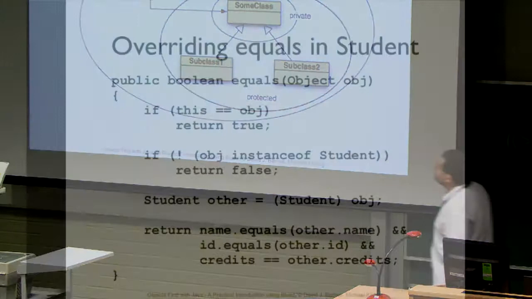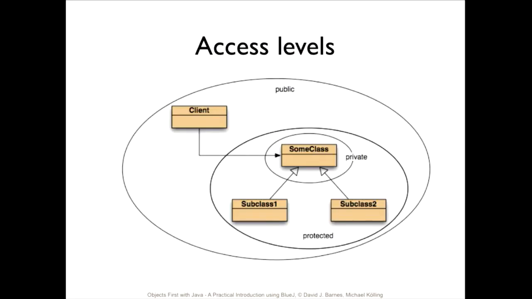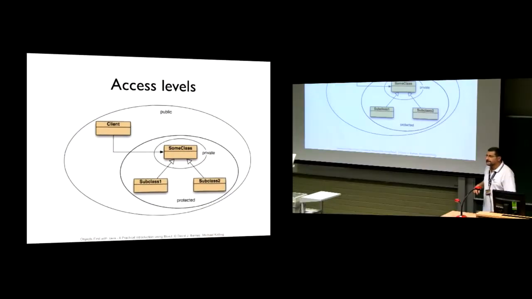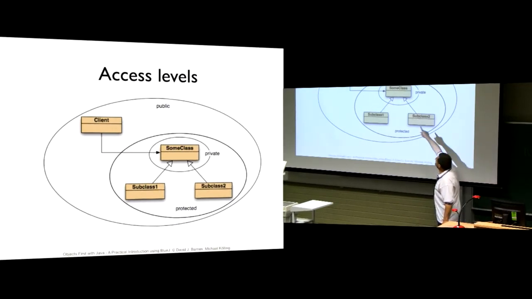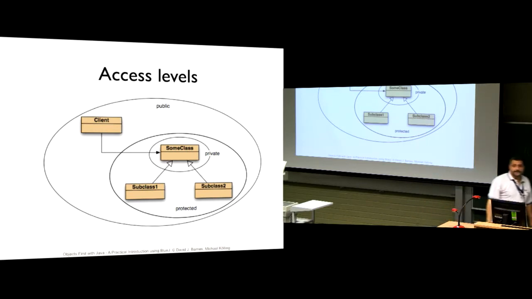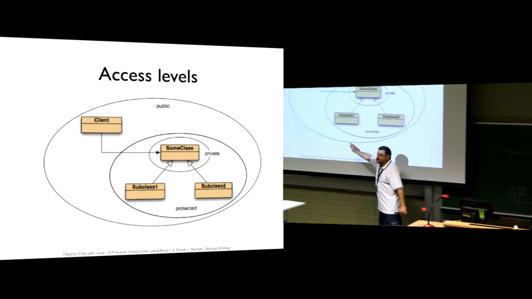Okay, so getting back to this, the reason you would use protected is there may be times when it's going to be very inconvenient to have stuff private, and the children really need to see stuff that's been declared up above in the parent class, but you still don't want anybody else to see it.